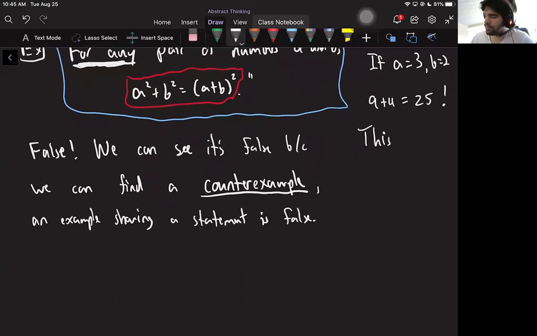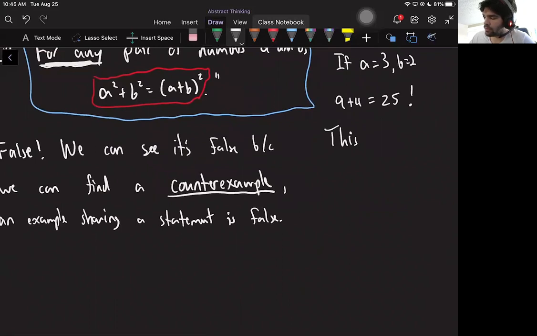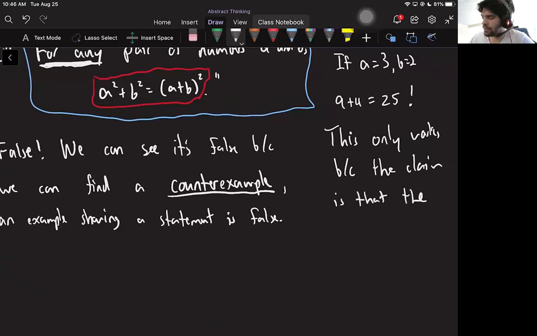Okay, so that's why it works. So this only works because the claim or the statement is that the equation a squared plus b squared equals a plus b squared will always hold.